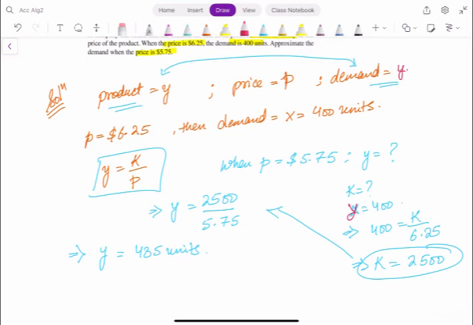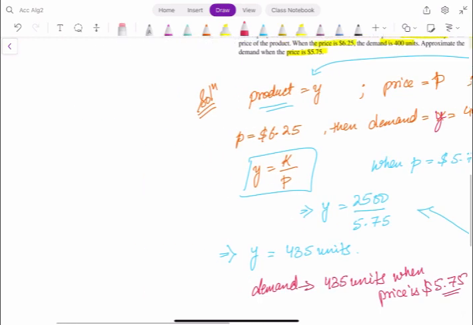The final output will be the same. So we can say the demand is 435 units when the price is $5.75. Right. Okay. So this was all about the inverse variation.